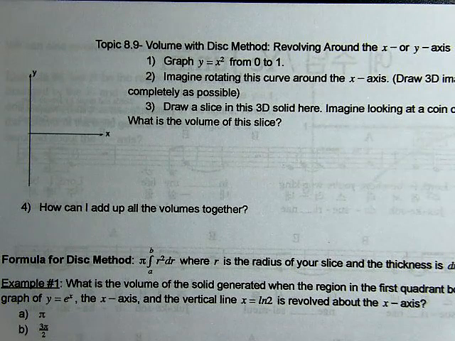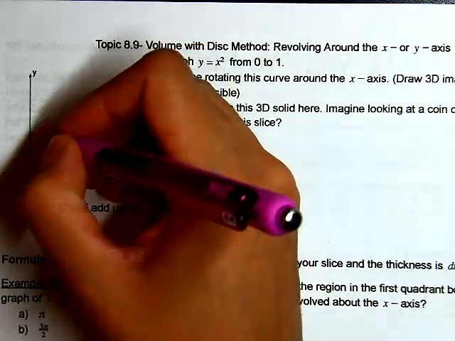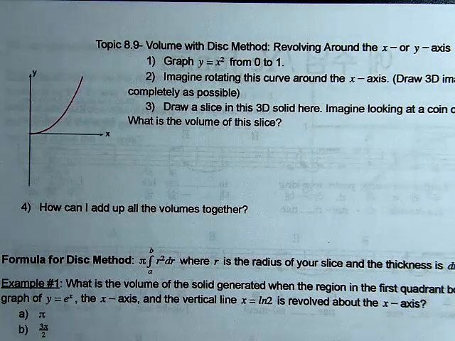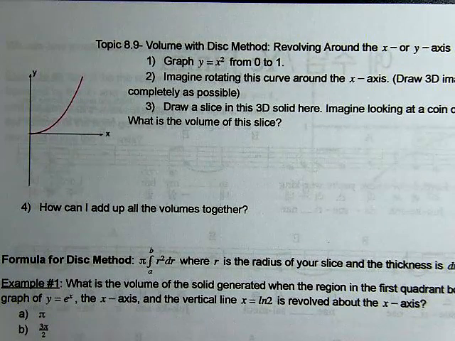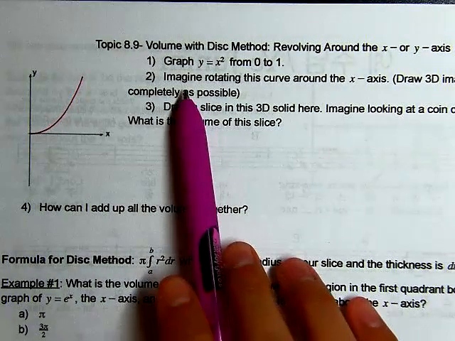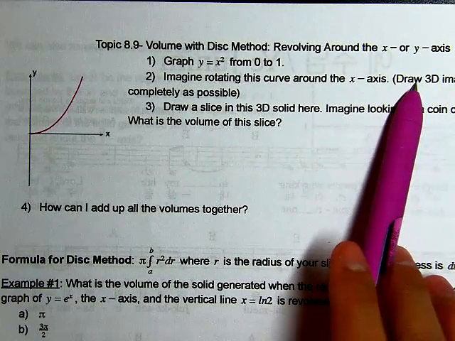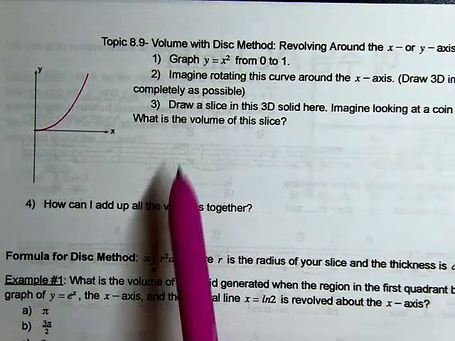To get us started, just a visualization of what's happening here. We're going to graph y equals x squared from 0 to 1. And now, as best as you can in your mind's eye, imagine rotating this curve around the x-axis. So we're going to attempt to draw this 3D image as completely as possible.